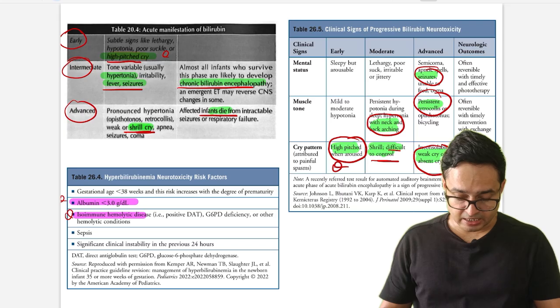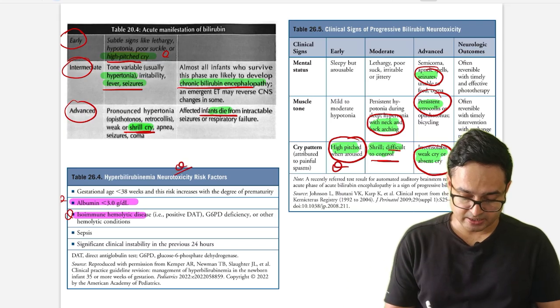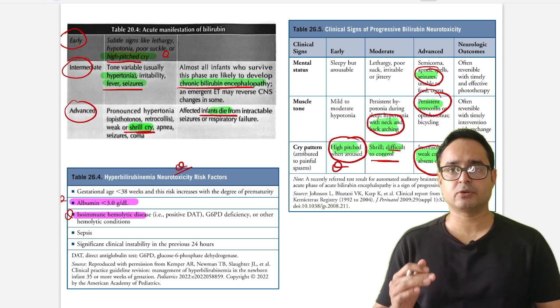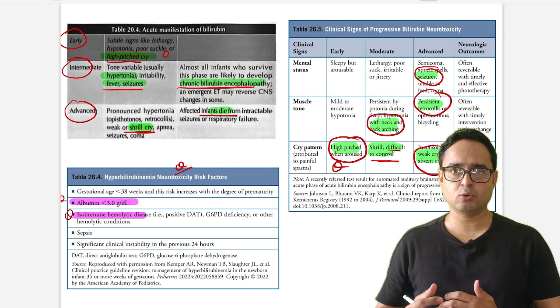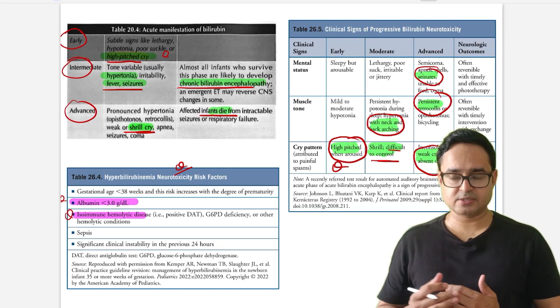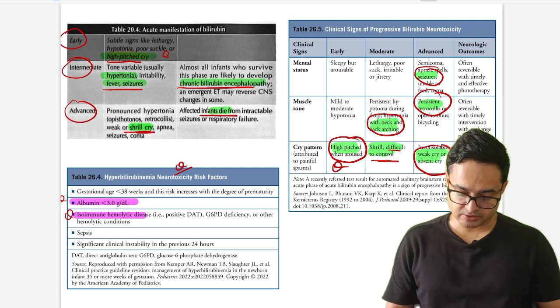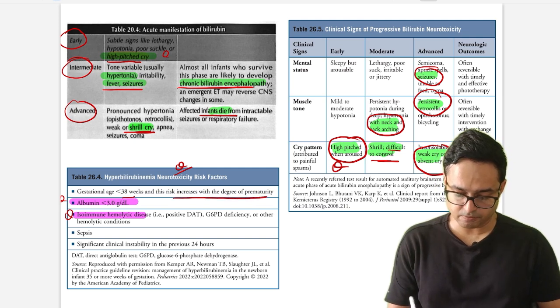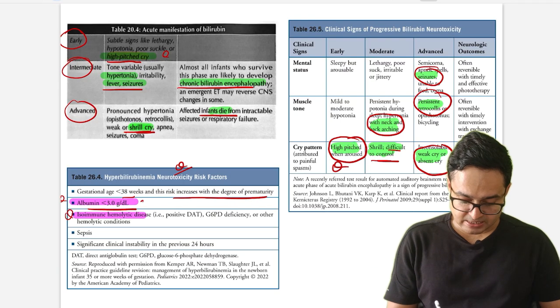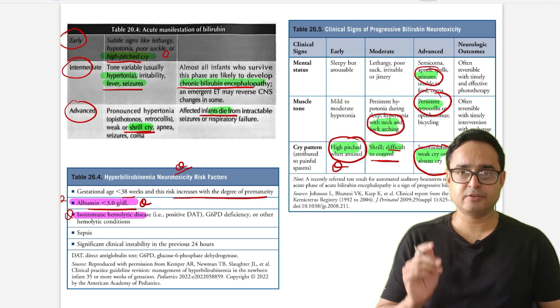Okay, what are the neurotoxicity risk factors in a neonate who came to your NICU, and how can you predict that this neonate can go to neurotoxicity in neonatal jaundice? If gestation is less than 38 weeks, there is increased risk with prematurity. Albumin less than 3 gram per deciliter is very much important.